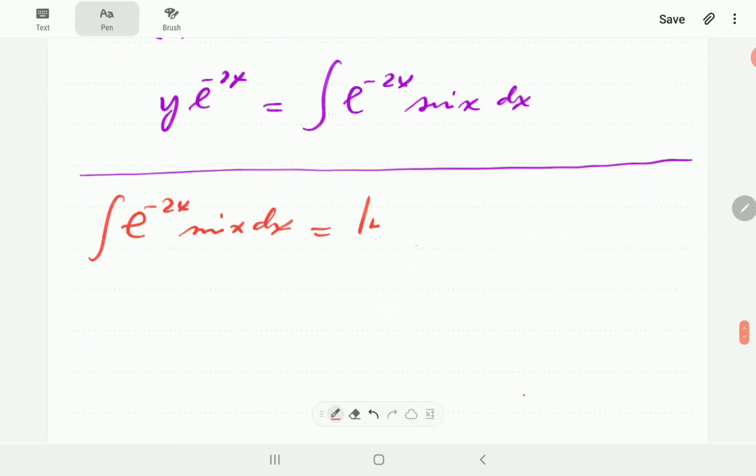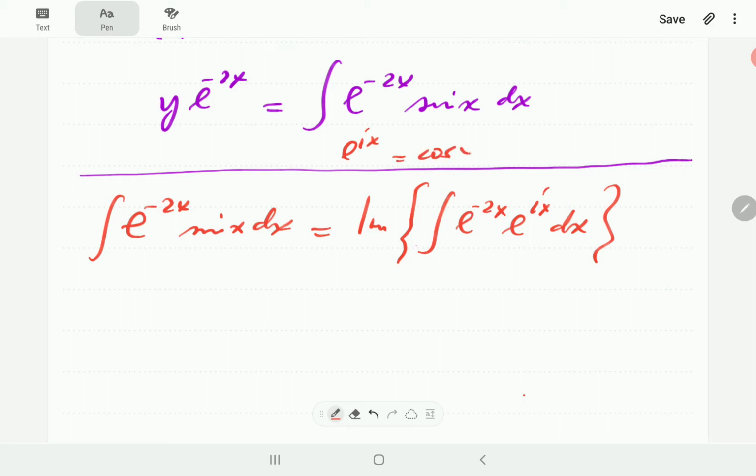So if we use the complex approach, what we do is we write sine as the imaginary part of e to the ix. So e to the ix is cosine x plus i sine x.